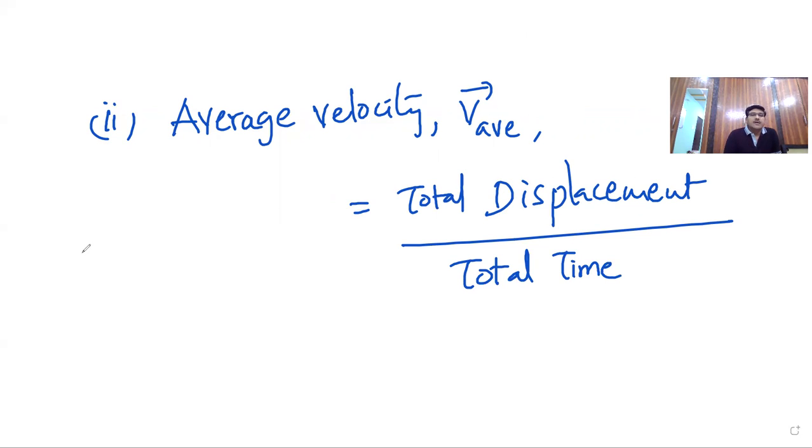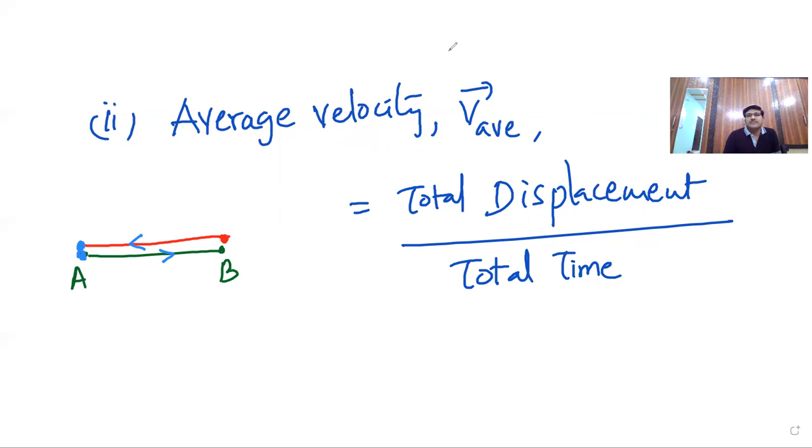Observe here. Initially, the boy was at A. He reached B. First, he went like this, then he came back B to A. So, A to B, then B to A. The initial point is A only, the final point also A only. Both points are coinciding.